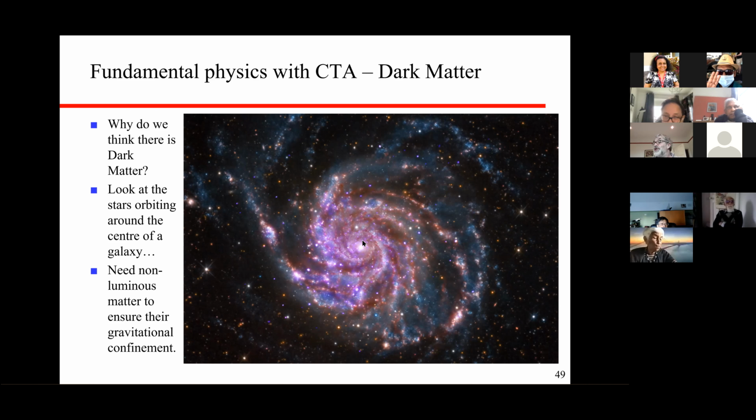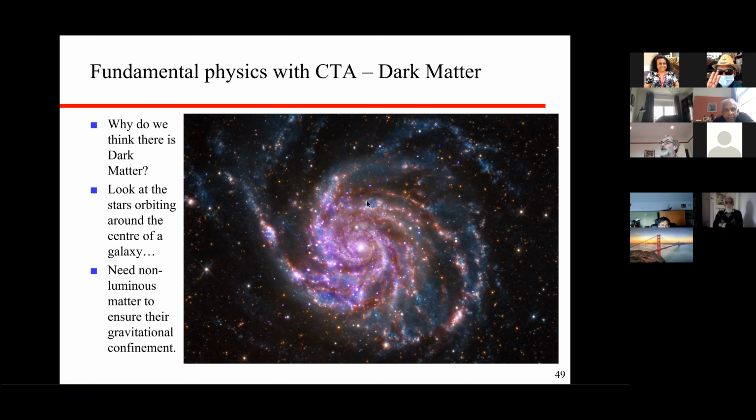So the first strong evidence for the existence of dark matter was found by looking at galaxies like that shown here. This is an image of the Pinwheel galaxy, taken by the Hubble telescope. What you can do is look at a star at some point out from the center of the galaxy, watch its motion, and work out how fast it's going.